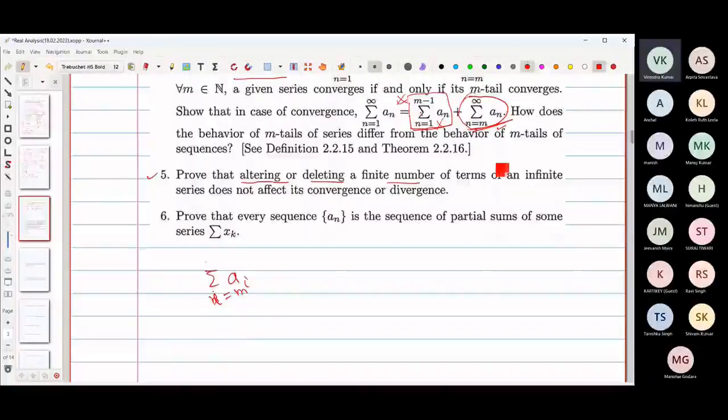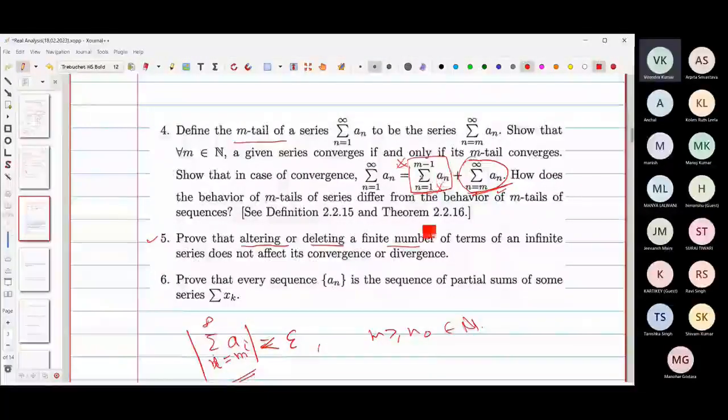We have discussed this: for given epsilon greater than 0, if this is less than epsilon for m greater than or equal to n naught, where n naught is some natural number, then the series is convergent. So this totally depends on the tail. If we are removing or adding some finite number of terms, it doesn't affect the nature of the series. With the help of this m-tail, you can prove this one, and of course, we have discussed it in the class also.